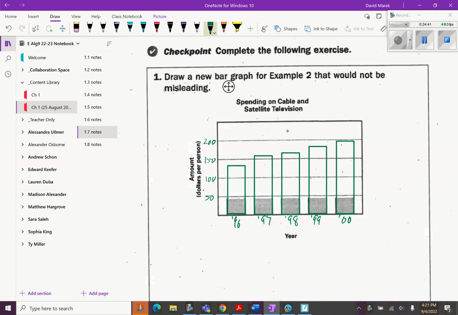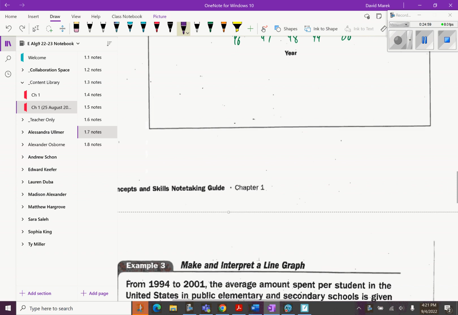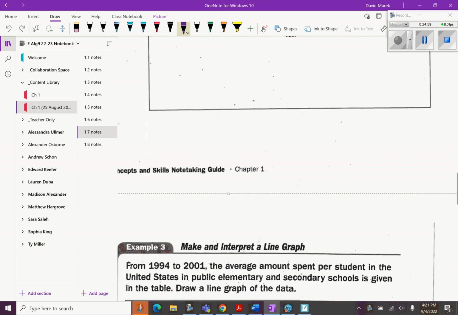Now we're not going to make that same mistake as before, saying that, oh, in 96, hopefully this rectangle here doesn't look like it's half the height of the one for 2000.